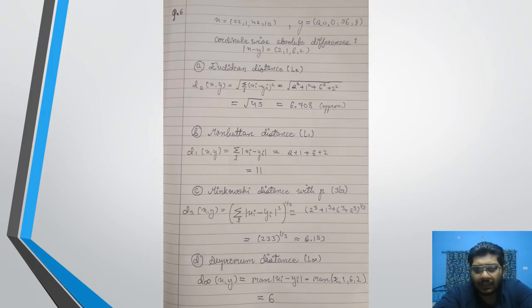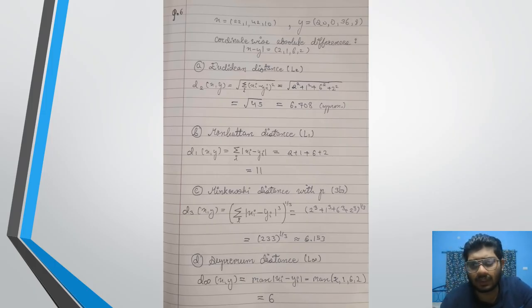This gives us around 233 to the power 1 by 3, which is approximately 6.153. And then the last is supremum distance L infinity, d infinity(x,y), which is the max of |xi minus yi|, which is the max of 2, 1, 6, 2. We find the maximum among 2, 1, 6, 2, and it's obviously 6. So here is our answer for supremum distance.